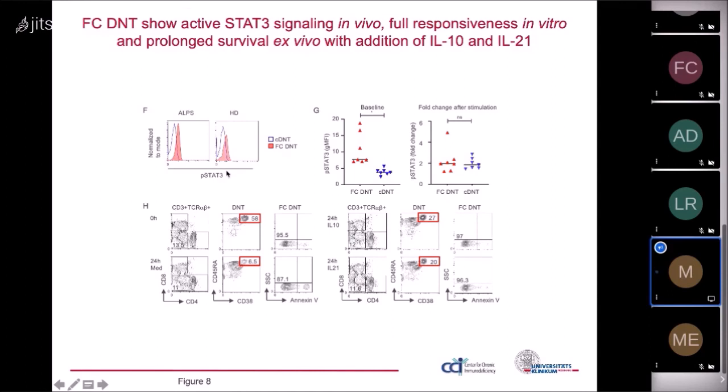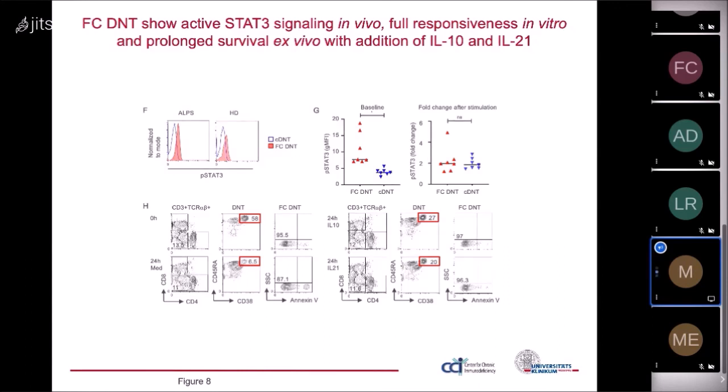We found a full responsiveness of the FC-DNT in vitro after stimulation with IL-21. And we come here to probably the frustrating part of working with the DNT in the lab. So it is very well known that these DNT die very quickly ex vivo, which makes functional assays very hard.